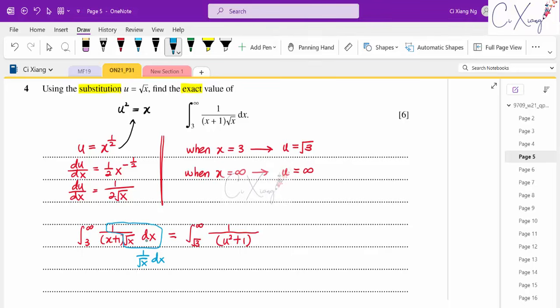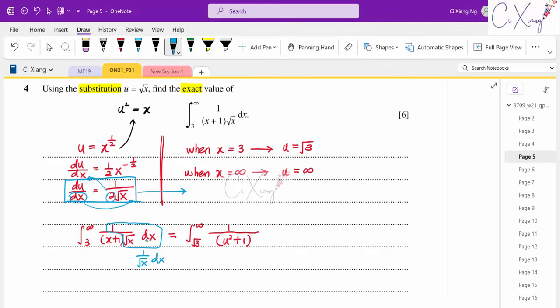I can get it from this equation, from this part. If I rephrase this equation again, I try to move the dx to the other side, then the 2 to this side.